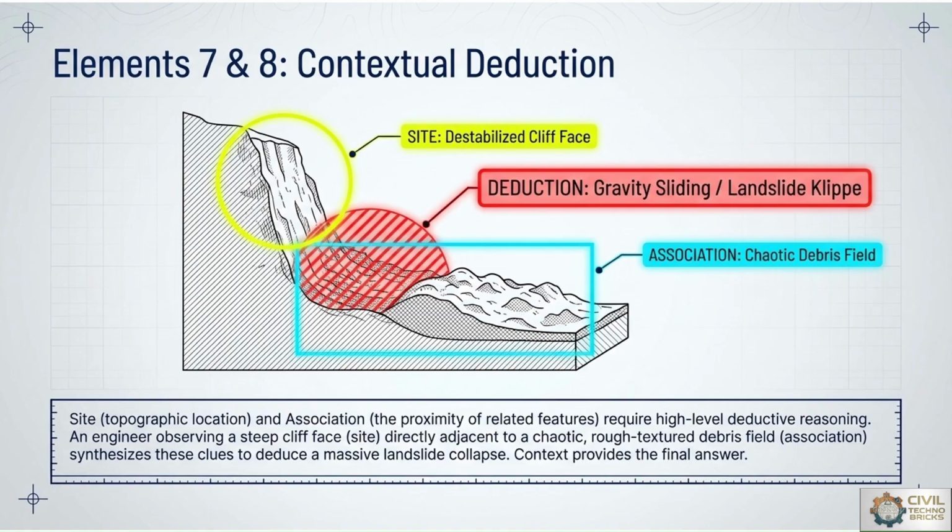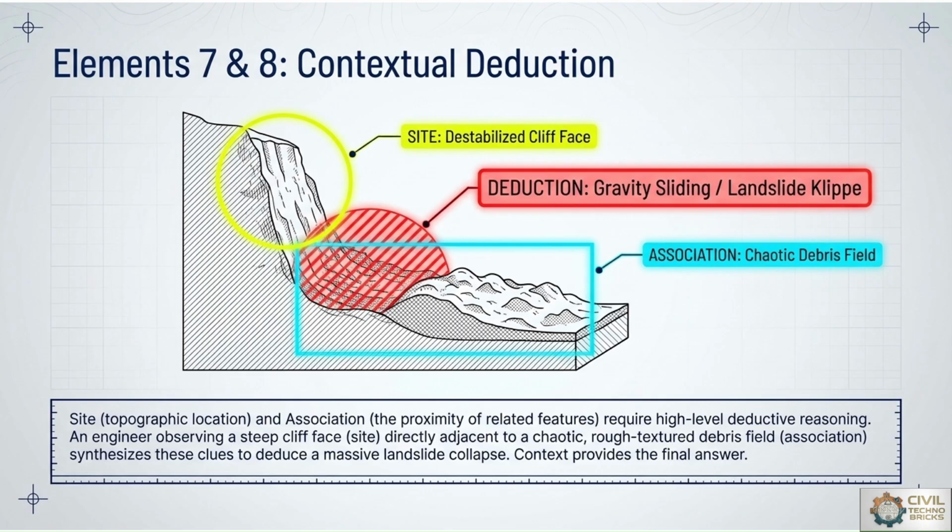The contextual deductions, like site and association. Site: a destabilized cliff face, where the deduction is gravity sliding, or we can say a landslide slipping, and association will be the chaotic debris field. Just like the hilly region and the nearby flat region, we can check the site and association domain of the visual image interpretation technique.